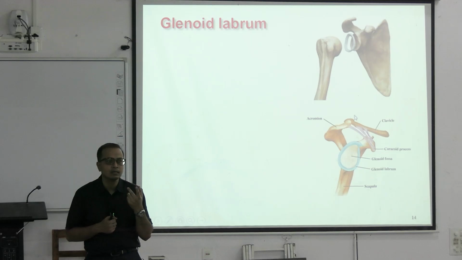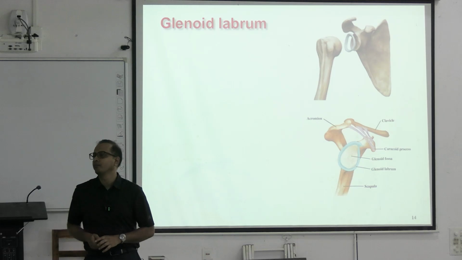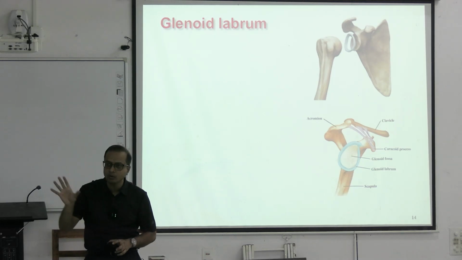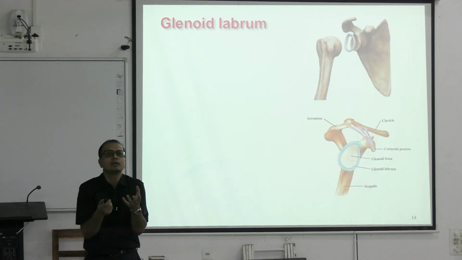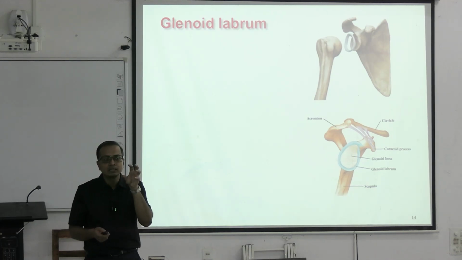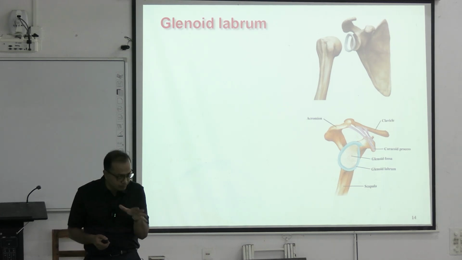So, this fibrocartilaginous disc is fitted to the margins of the glenoid cavity. Margin means it is not covering the whole thing, it is present at the margin. What is it doing? It is turning this glenoid cavity from shallow to deep. If you look at the glenoid, it is shallow, it does not have depth.